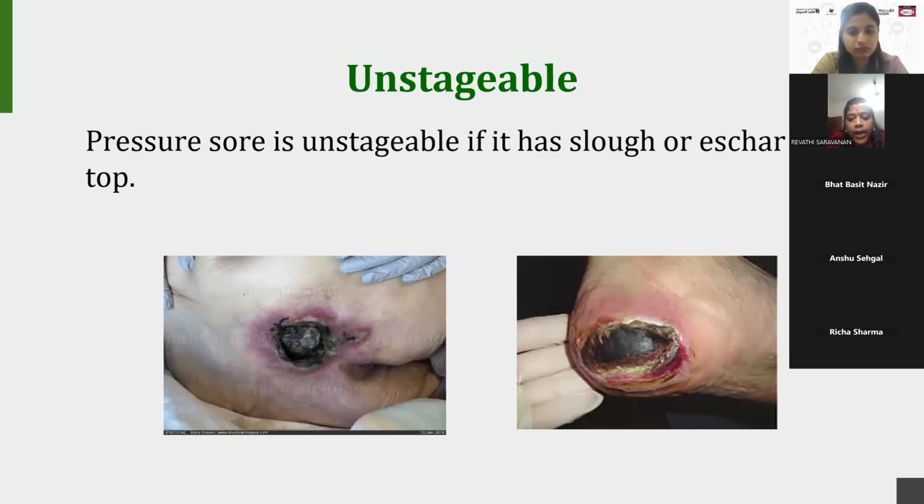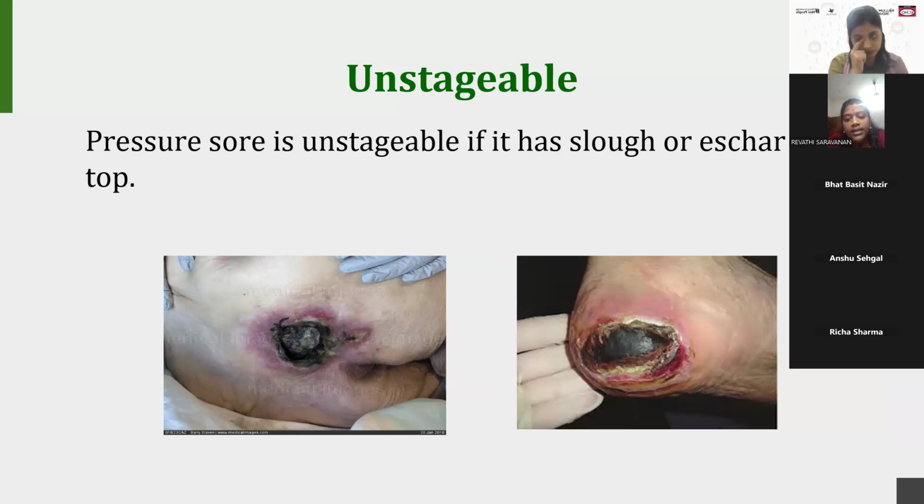Here you can see a pressure sore that is unstageable. If it has slough or eschar on top, you can see the black material on the wound. There is no blood supply, and only dead cells are present there.